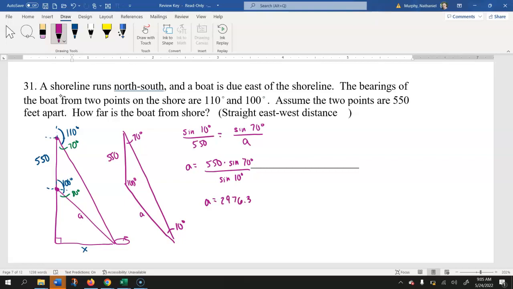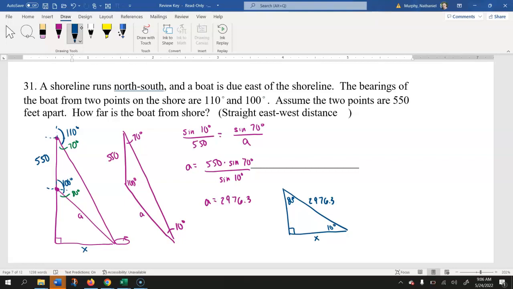Now let me redraw our triangles. In this right triangle, we know this side is 2,976.3 feet. This angle is 80 degrees, meaning this angle here is 10 degrees, and we want to find this missing length.